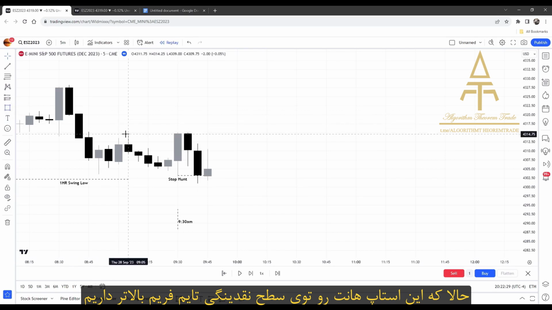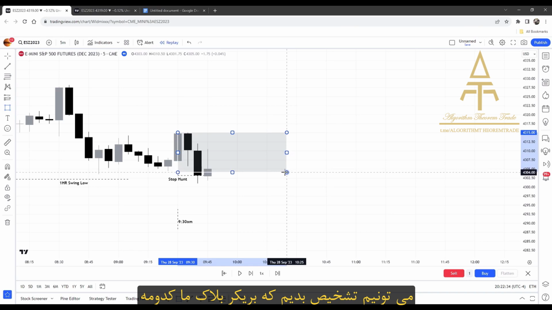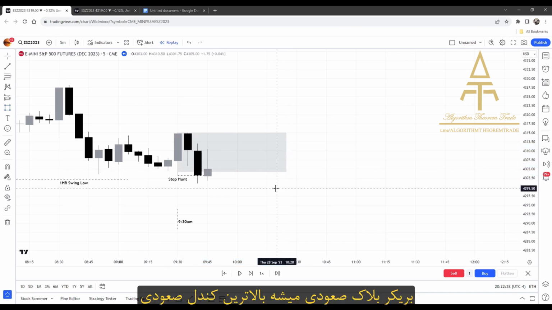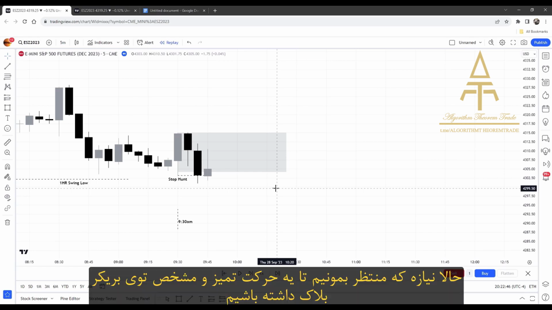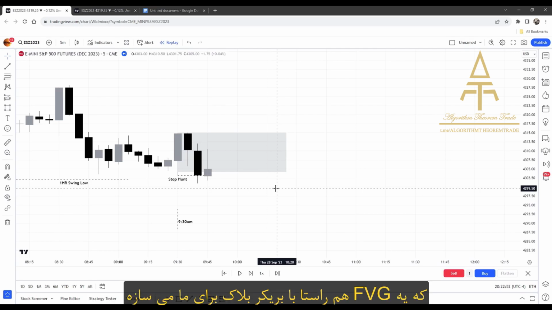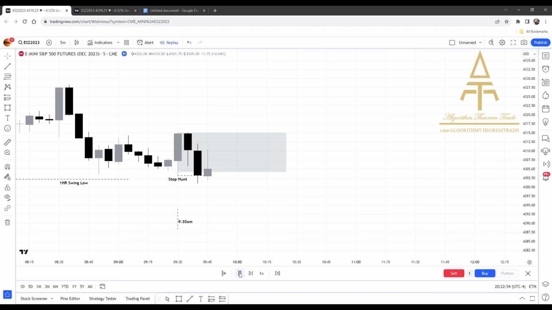Now that we've had a stop hunt into a higher time frame level of liquidity, we can identify what would be the breaker block. The bullish breaker is the highest up closed candle before the leg down that took liquidity. Now we would need to wait for displacement through the breaker block with an FVG that is aligned with the breaker block.